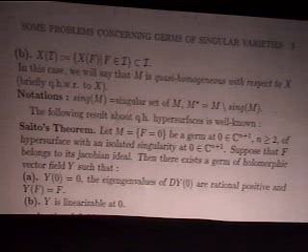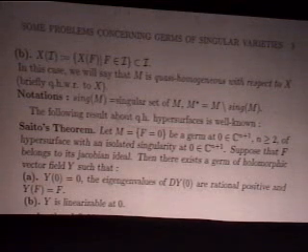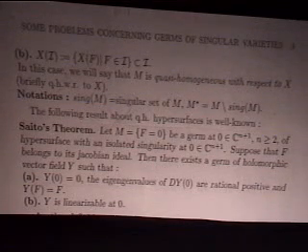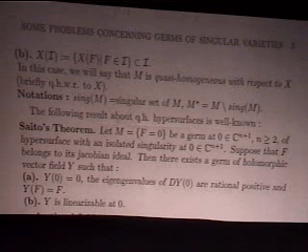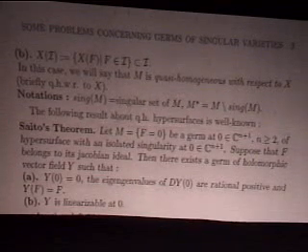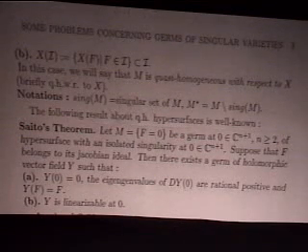Suppose the hypersurface is given by f equals 0, and suppose the surface has an isolated singularity at 0, and f belongs to its Jacobian ideal. Then f is quasi-homogeneous. There is a vector field like I gave in the definition.